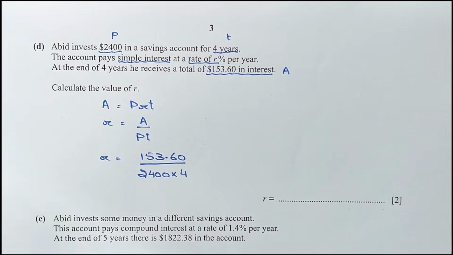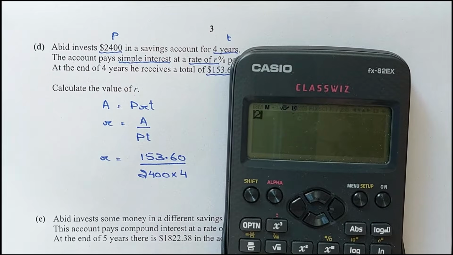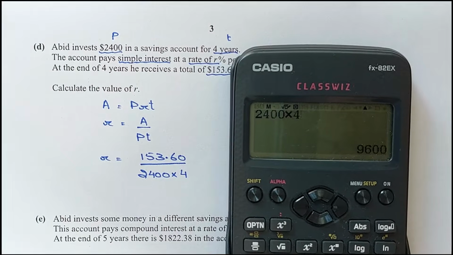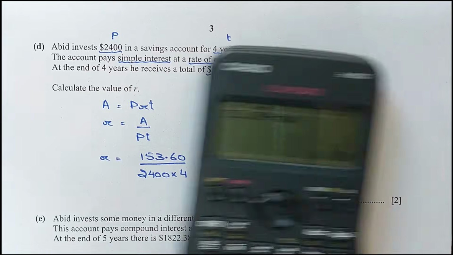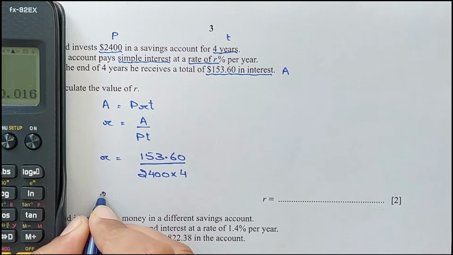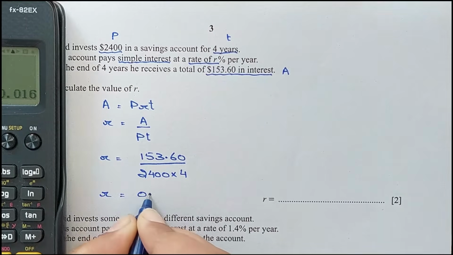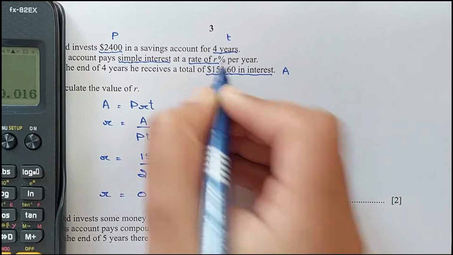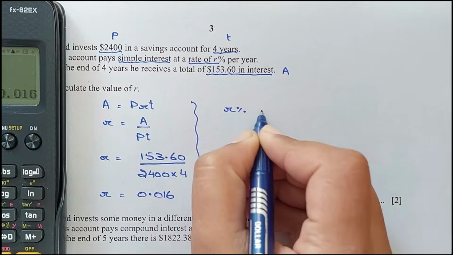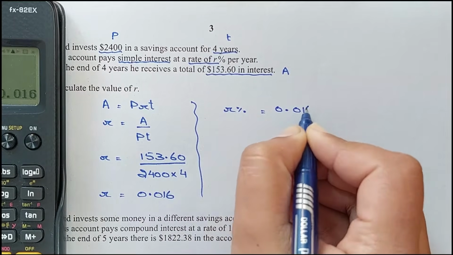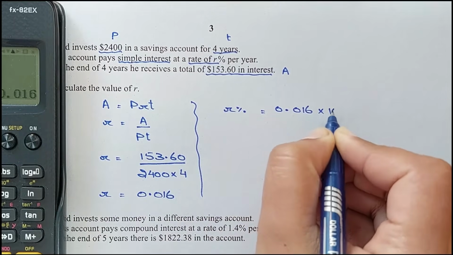Let me simplify this: 2,400 times 4, and 153.60 divided by the answer. This is 0.016. So we have R equals 0.016. We have to find R in terms of percent. So R percent is 0.016 times 100.